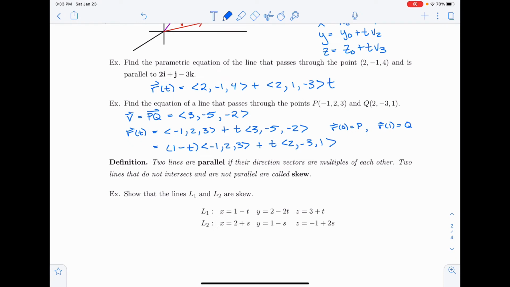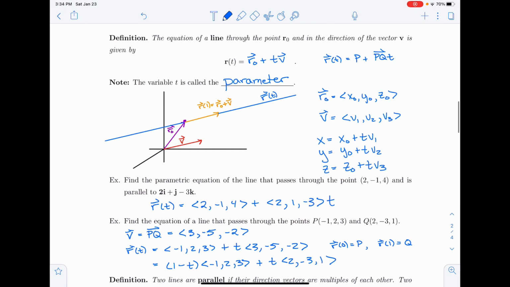And you can use vector addition to verify that this different way of writing the equation of the line will match my original equation of r(t). If you multiply out the (1 - t) and then multiply through the t times (2, -3, 1), then you should be able to add everything up and get the equation that you had before. So that's another way to express the equation of a line: (1 - t)P + tQ. And that will actually give you the same equation.